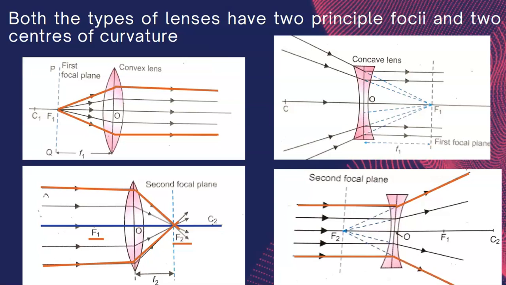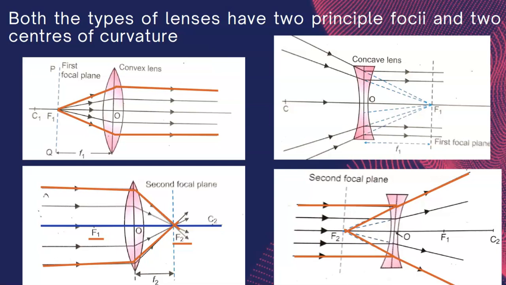Now, when the rays of light are diverging, they are not going to meet. So, what we do is we pull them backwards and make them meet behind the lens, as you can see with broken lines, which ultimately gives us the formation of a virtual image at F2, which is the second principal focus of the concave lens.